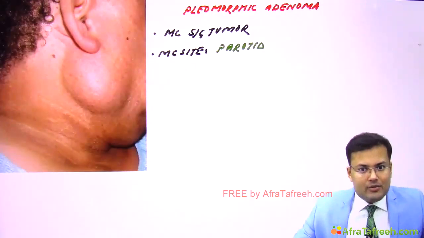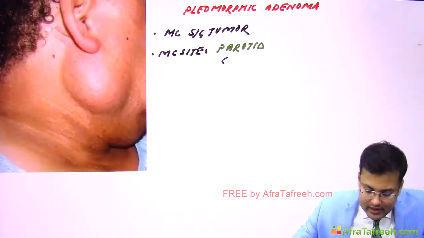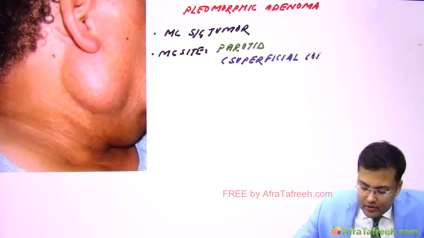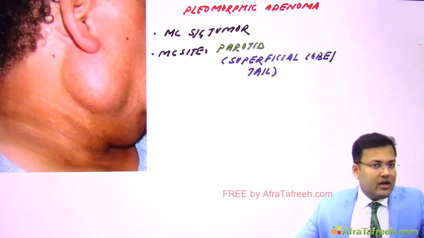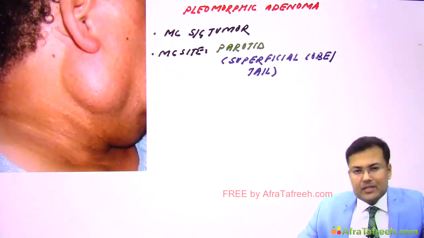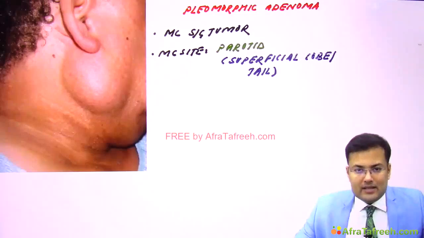Superficial parotidectomy. So most common site parotid. In parotid, it is the superficial lobe or tail of parotid. Other sites, it can arise from sublingual gland, submandibular gland, even from minor salivary gland.